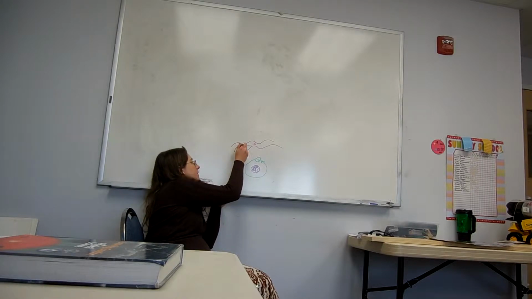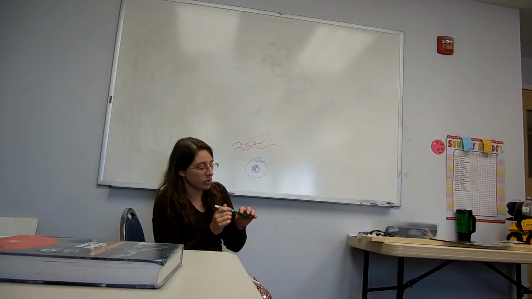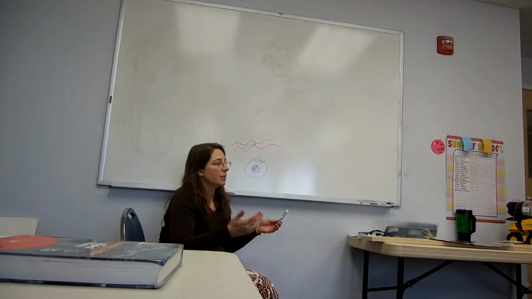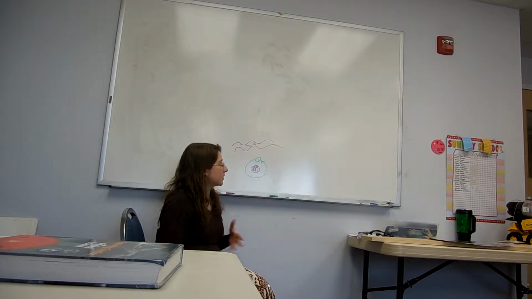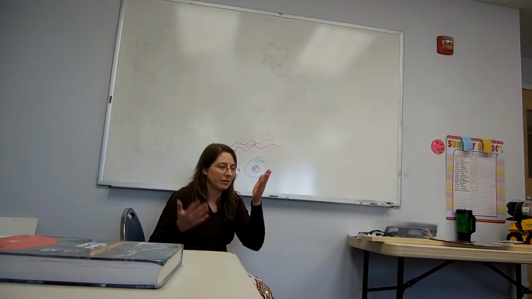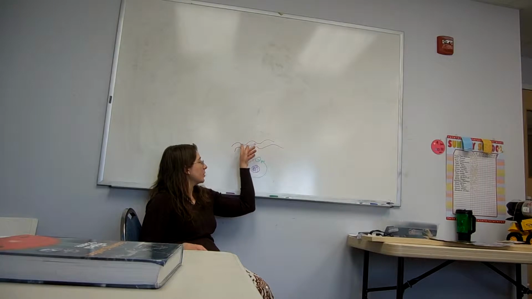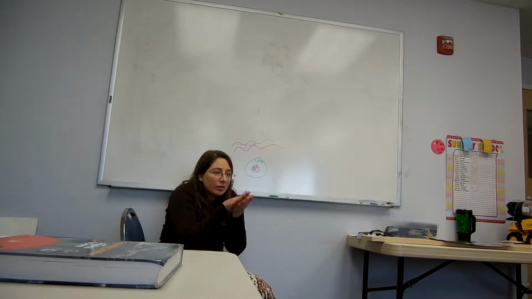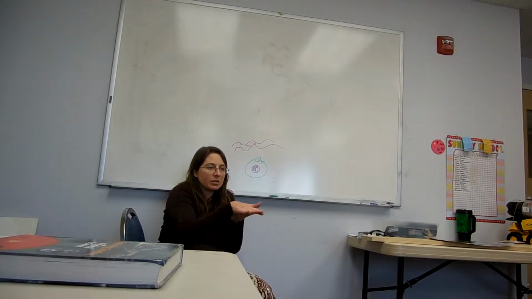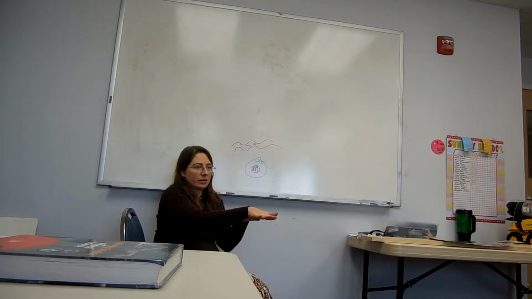So all these surfaces have little charges, and we know that negative charges repel negative charges, positive charges repel positive charges, and opposite charges, a negative and a positive, attract each other. So you have these little positive and negative forces attracting and repelling each other whenever surfaces move past one another.